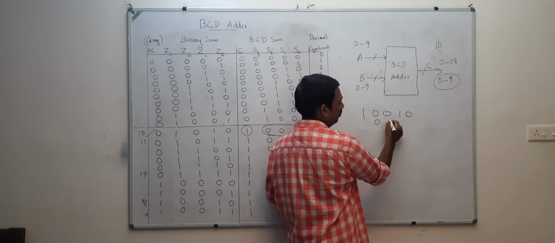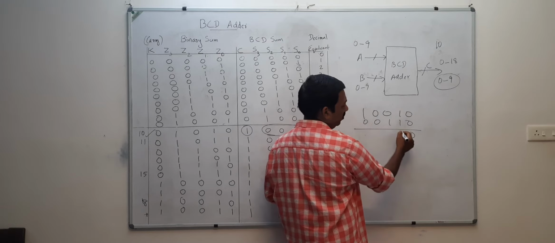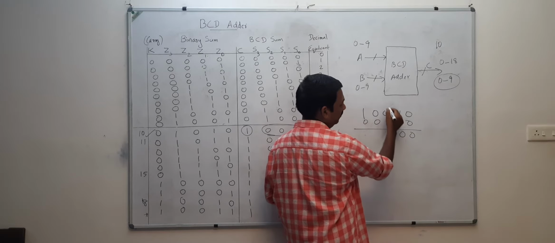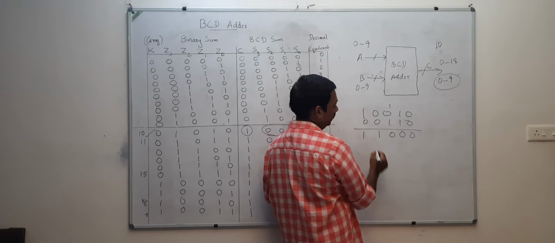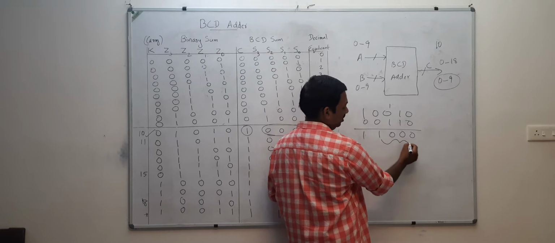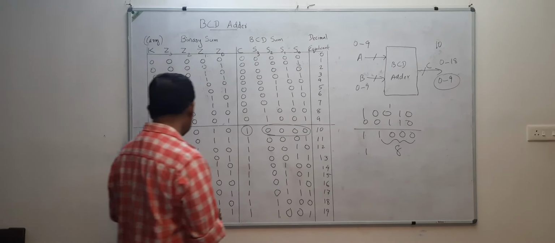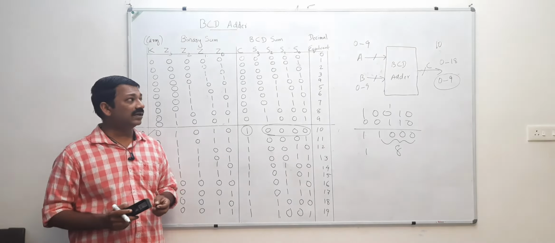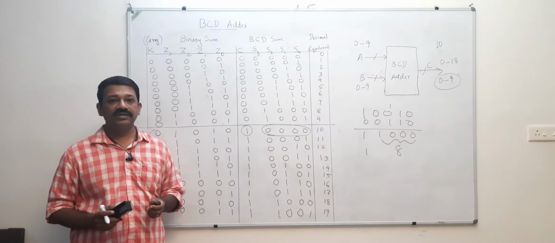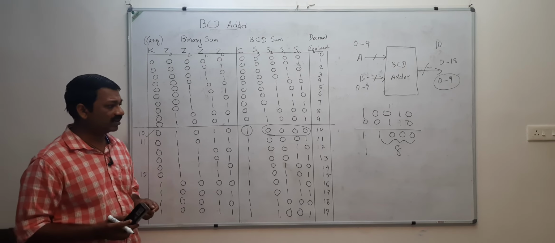When you are adding 0 1 1 0, what will happen? 0 plus 1 0, carry 1, 1 plus 1 0, carry 1, and here 1. That means this is the BCD, which is 8, and this is 1. That means 18. This is the way we are converting a binary number into its equivalent BCD number.